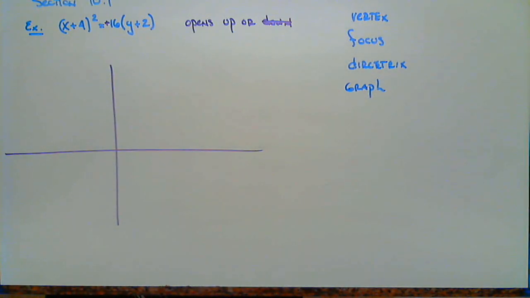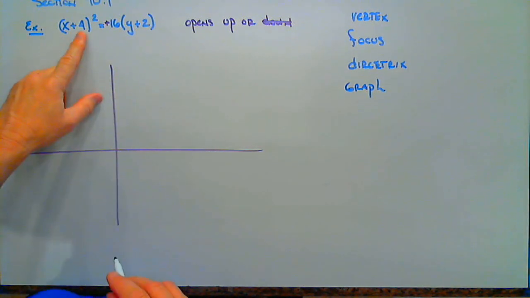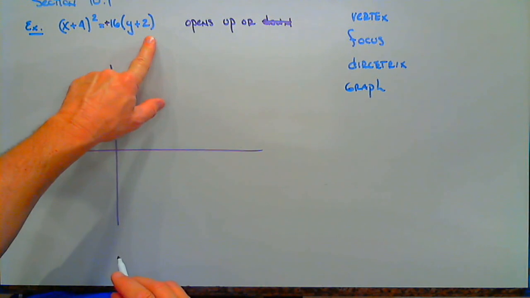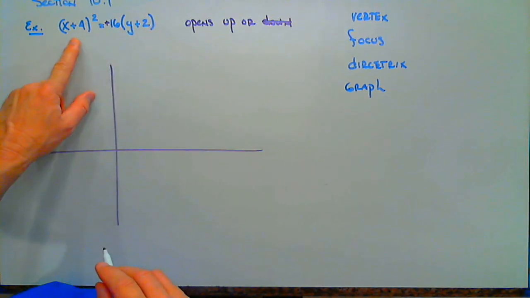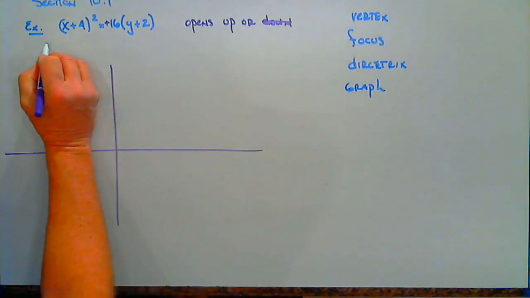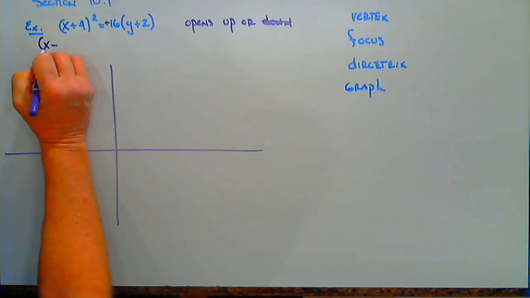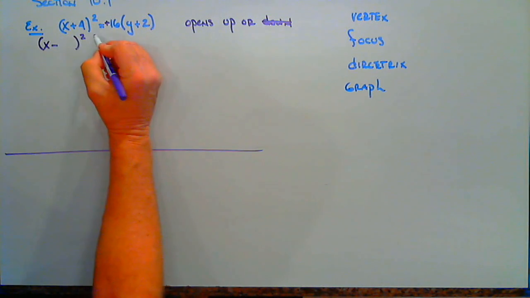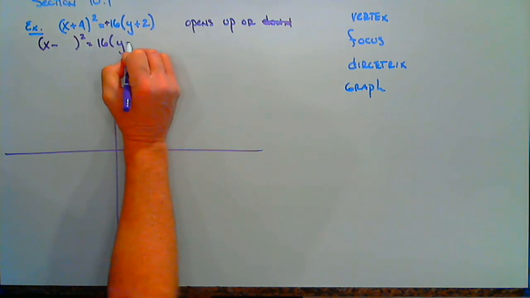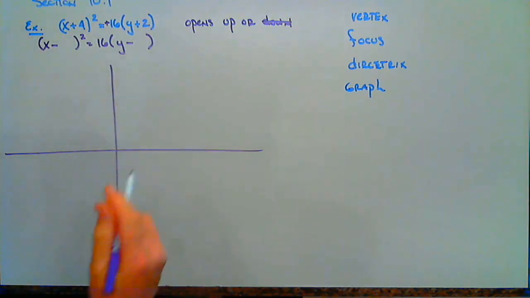Now, before I can draw the graph, I need to find the vertex. Well, I know that this is h, it's next to the x, and this is k. But remember, the formula comes with a minus sign, and it doesn't here. The formula says x minus somebody squared equals 16 times y minus somebody.